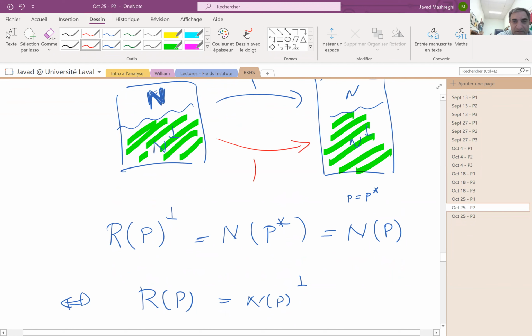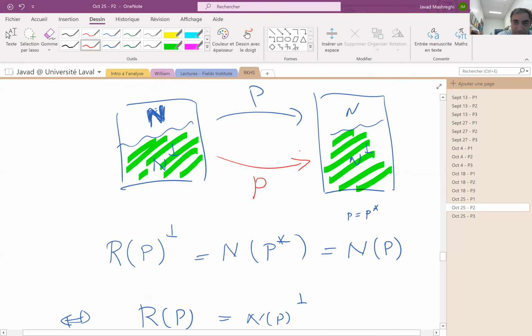So the restriction, this P, the red P that we consider, is from N perp to N perp. It has an inverse. It's bijective between these two. It has an inverse P minus 1. It's not on the whole space. It's from N perp to N perp.